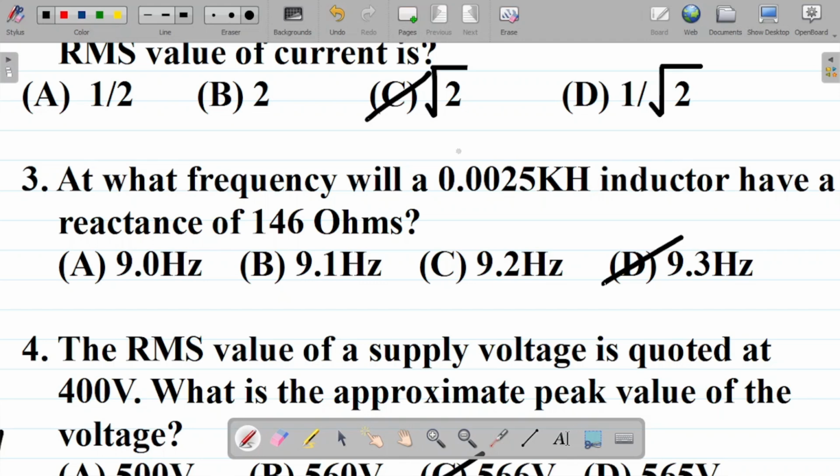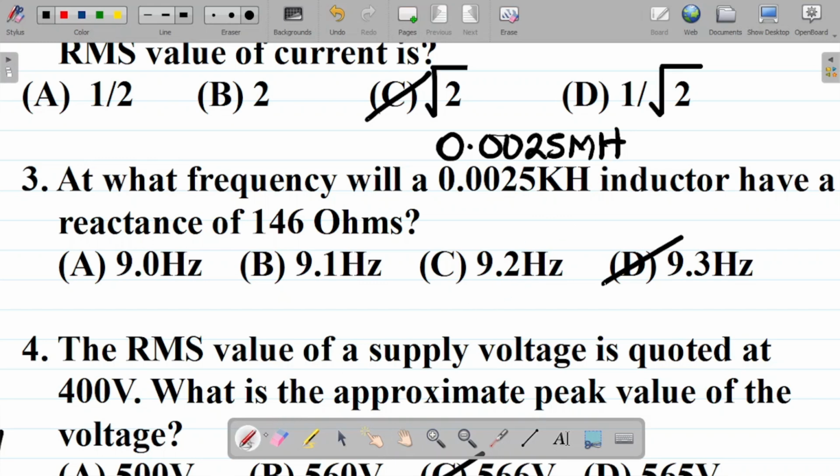So let's assume this question was 0.0025 megahertz, and the reactance remains the same. What do you think will be the answer to question 3? The options here are not necessary. Just assume that you're given 0.0025, and instead of kilo, you're given megahertz.